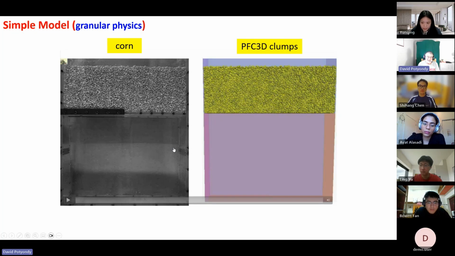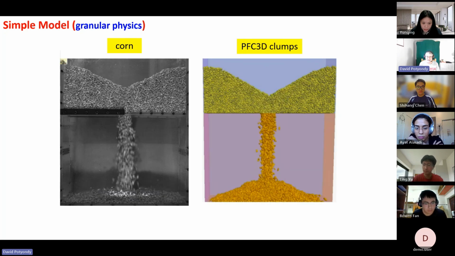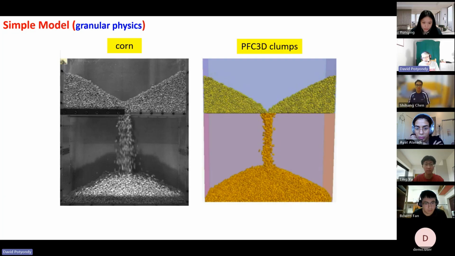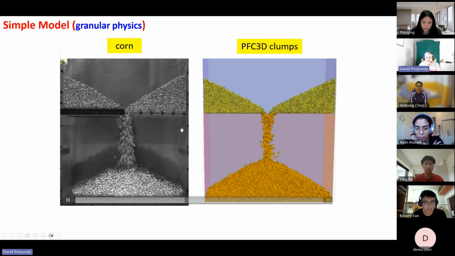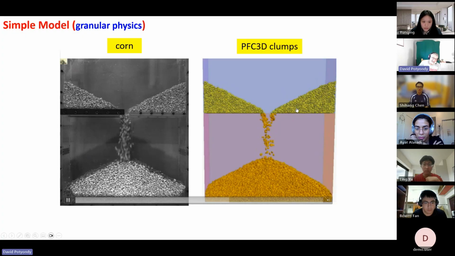And this is a bin flow test. So there's a wall here in reality, and suddenly you open a trap door here and you watch the material flow out, and you're going to do the same thing with PFC. And so we can watch all of the complex granular physics. The pile is forming, it's forming an angle of repose. There's a certain angle here that gets formed, all these different things.